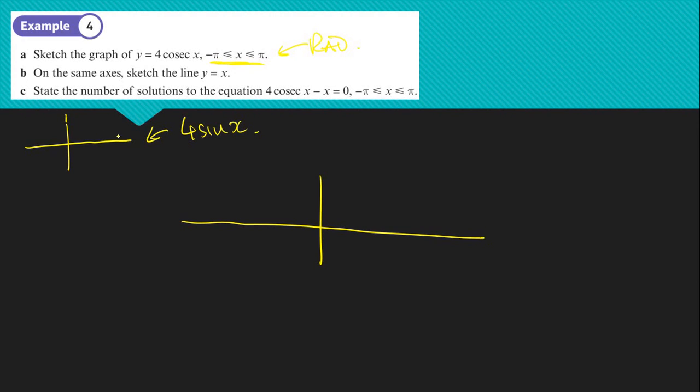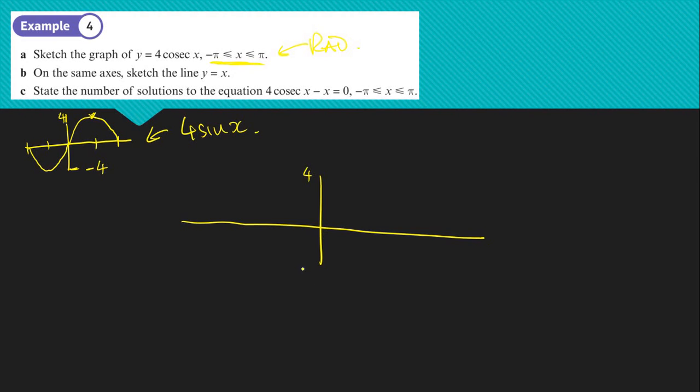Now, for 4 sine of x, everything interesting happens every pi over 2 in this case. Well, sine of x goes up like that, and like that there, where that is 4 and that is negative 4. So just be really careful with that, because that peak there is going to be important in just a second.